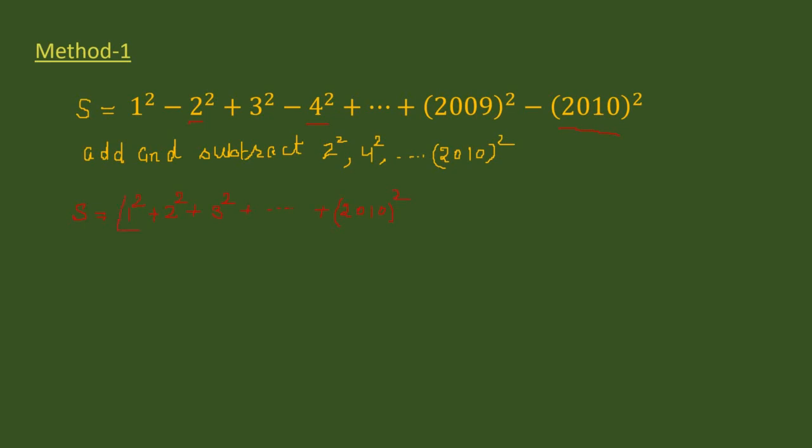First we have this expression, minus, because if we add 2 square, 4 square, up to 2010 square and subtract this quantity, then these negative terms get doubled. So it will be minus 2 times (2 square plus 4 square and so on up to 2010 square).